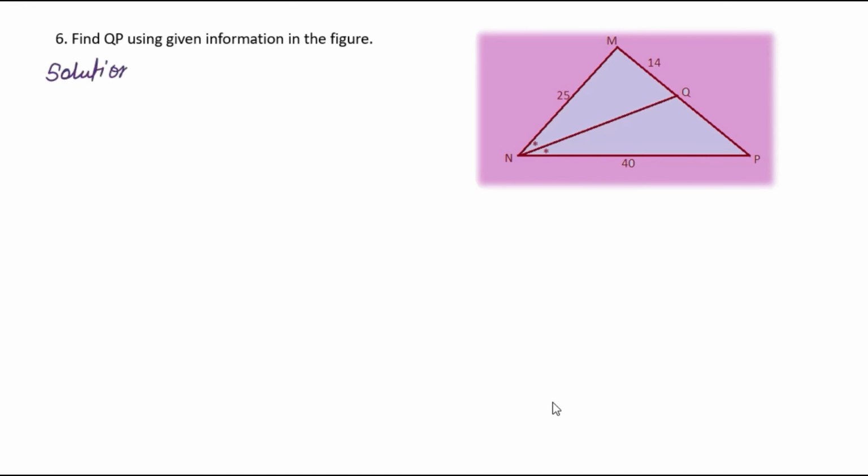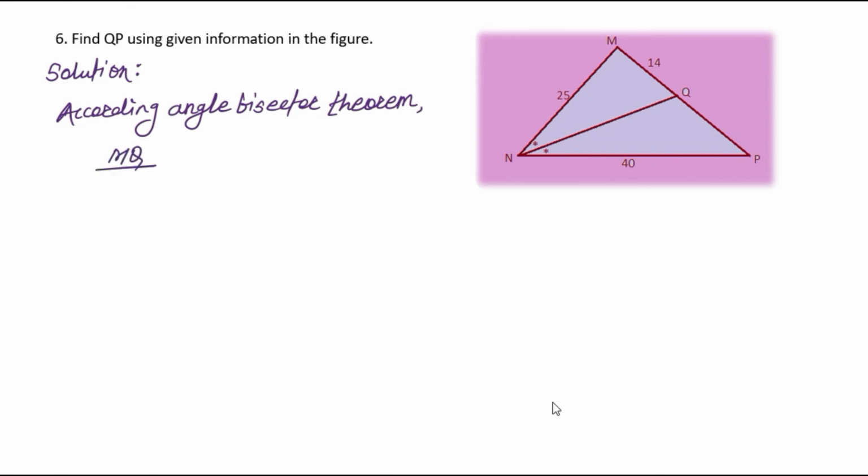Solution: according to the angle bisector theorem, we can write MQ upon QP is equal to NM upon NP.